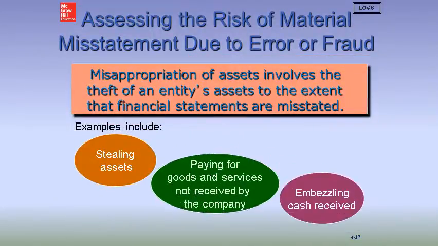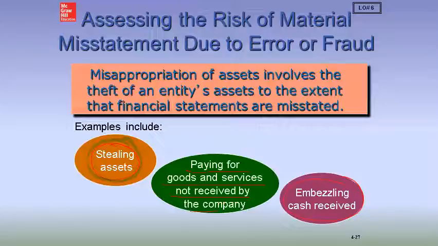And misappropriation of assets is basically stealing assets, taking things home, ordering things over the internet. These days, the way you can order things over the internet, they're going to order those instead of using them for the company; they're going to use them for their own purposes. Having the company pay for things that are then going home to be used by the employees or whoever is doing that, and then embezzling, stealing cash, essentially.